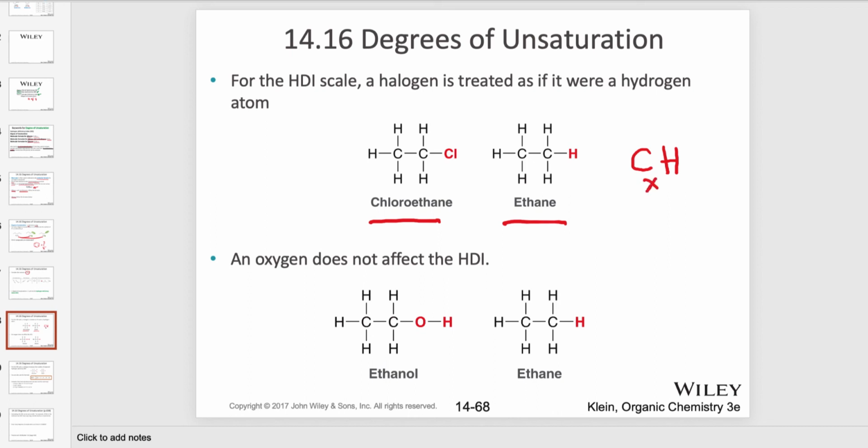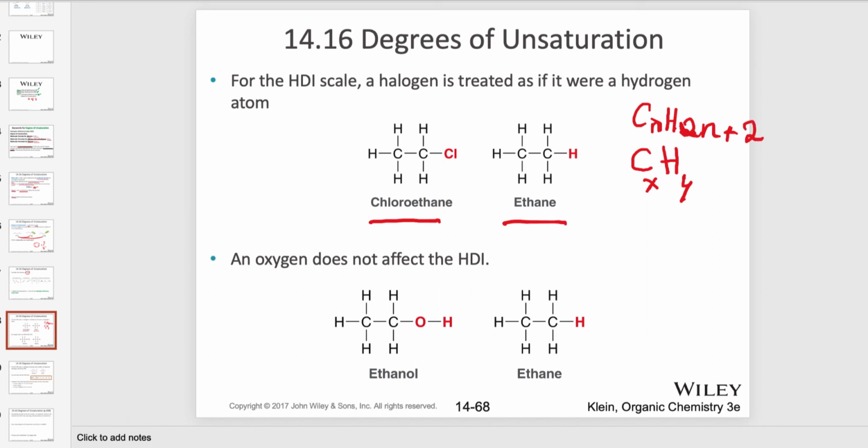I can just put X and Y, but that is going to then tell us how that differs from the CnH2n+2, okay?